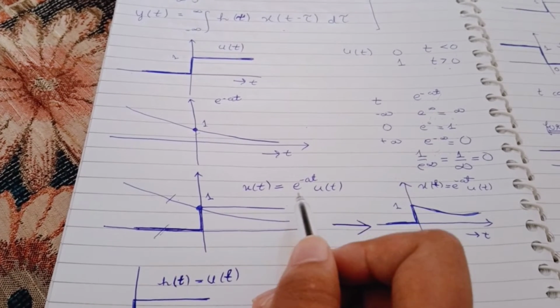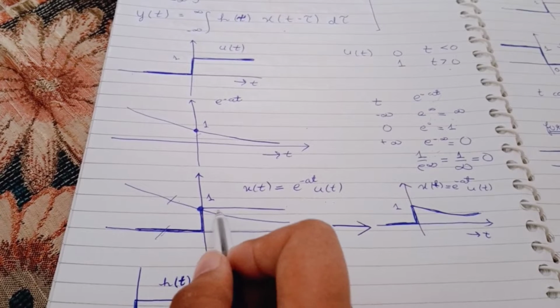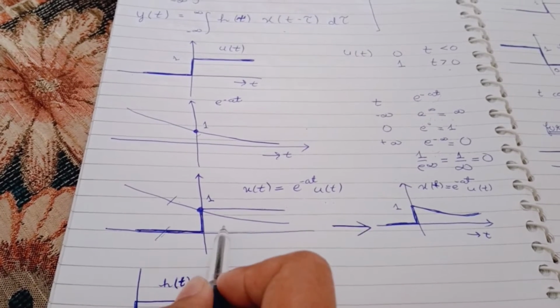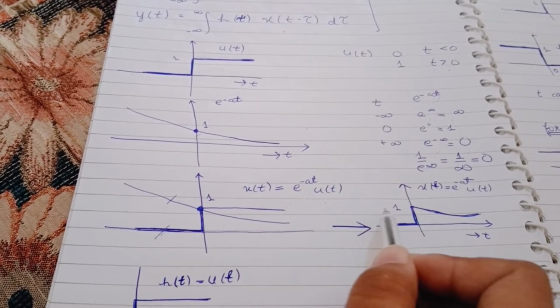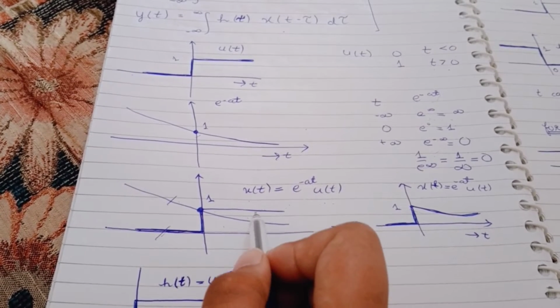In the same way, e^(-at) u(t) multiplied by u(t) will be equal to e^(-at) u(t).